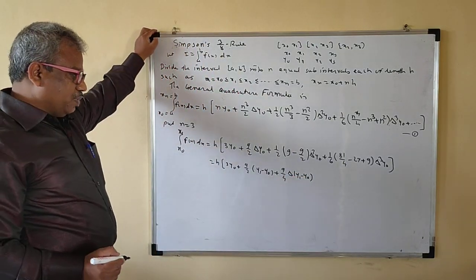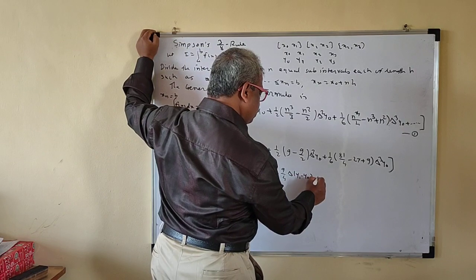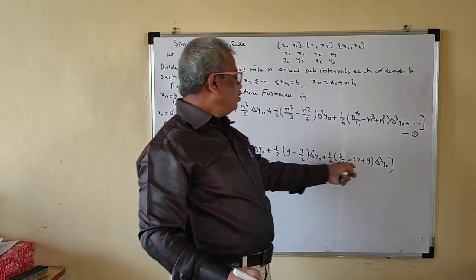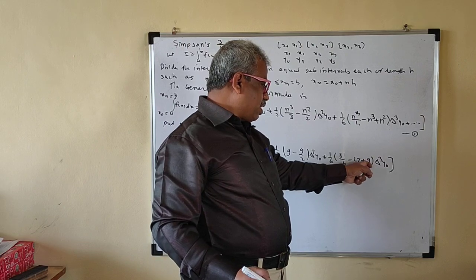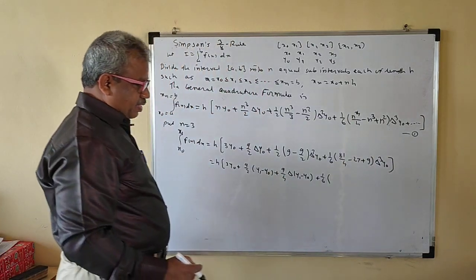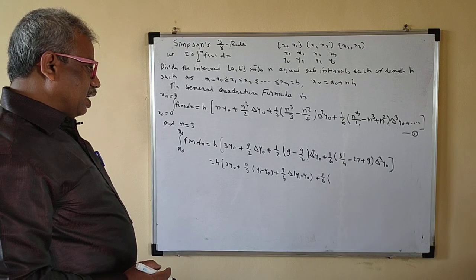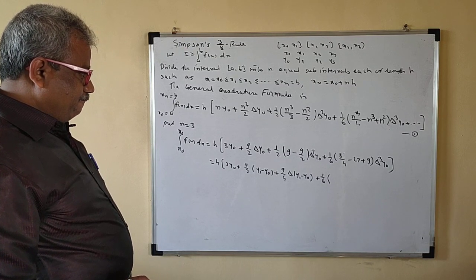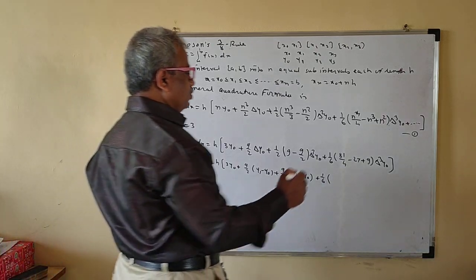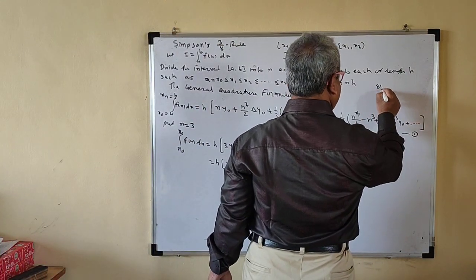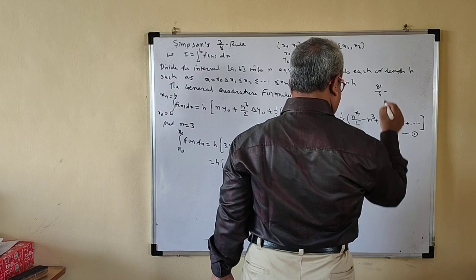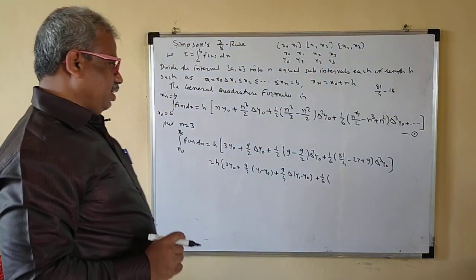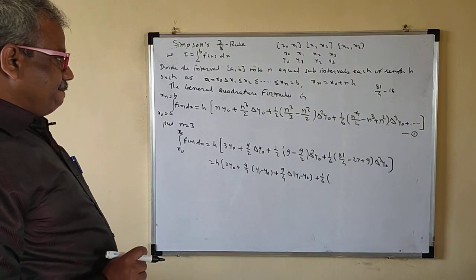Then plus 1 by 6 times, this is 27 minus 9, which is 18, so 81 by 4 minus 18, minus 18.